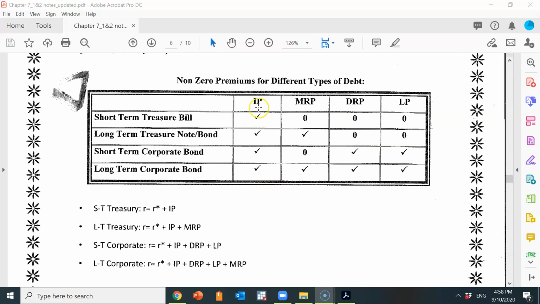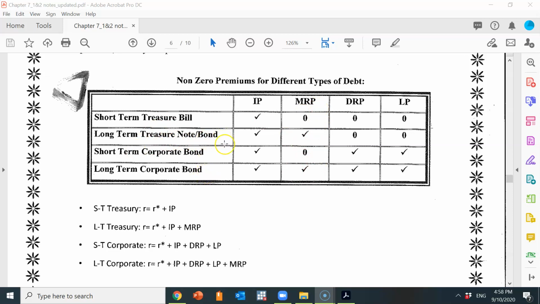For inflation premium, we need to add this to all types of bond. So we say yes to inflation premium for all kinds of bonds. For maturity risk premium, again, it means that for bonds with a longer term, there's a higher maturity risk. So it only applies to long-term bonds. We only say yes to maturity risk premium for long-term treasury bond and long-term corporate bond.